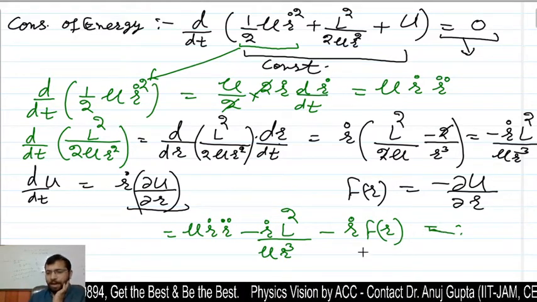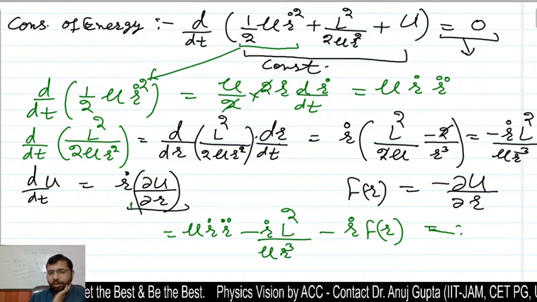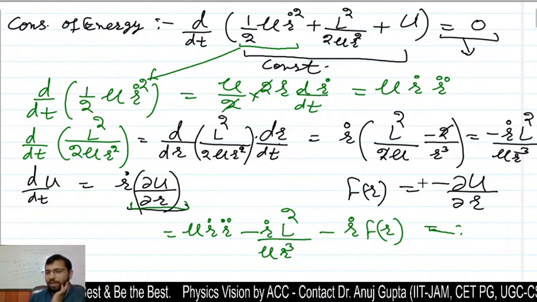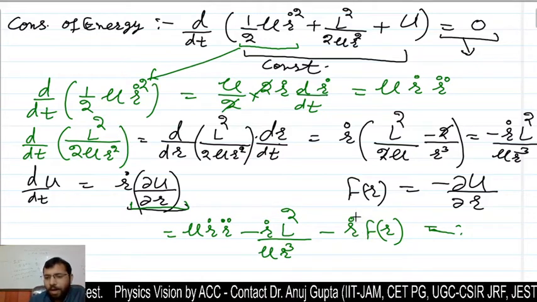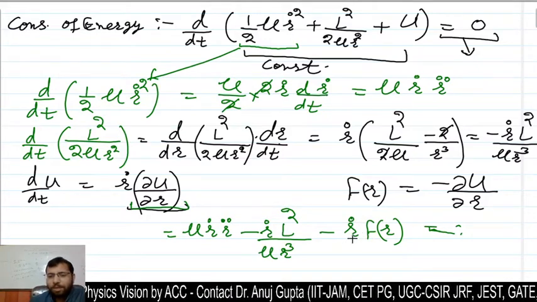ओके, fr को मैंने क्या किया? ये curly u by curly r को माइनस ऑफ fr पुट किया, तो ये हो गया. ओके, now r dot can be taken out.